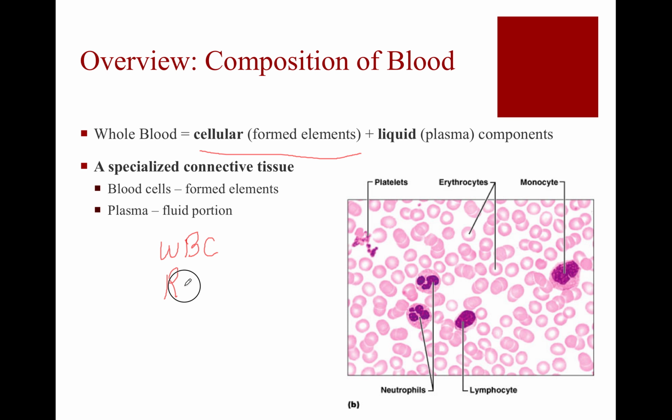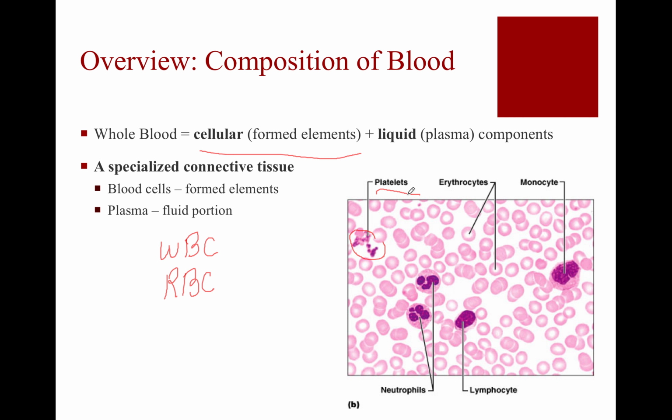You have red blood cells, which we call erythrocytes, and you notice that the majority of the cells you see in the background are erythrocytes, and they're identified by a clear lack of nucleus. And these fragments that you see right here are identified as platelets, which are called thrombocytes.